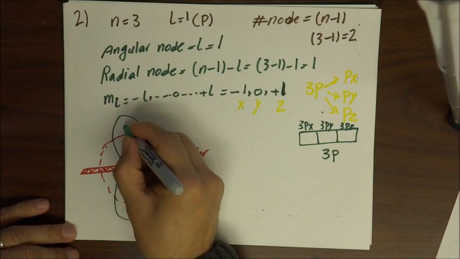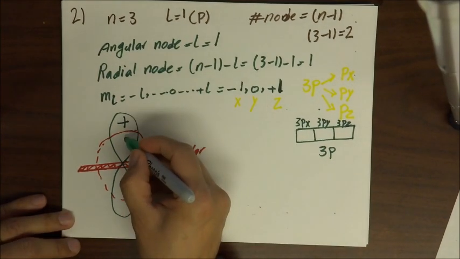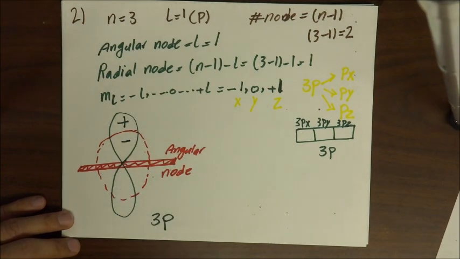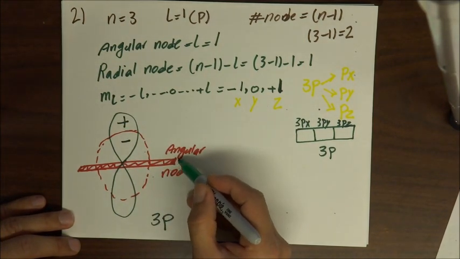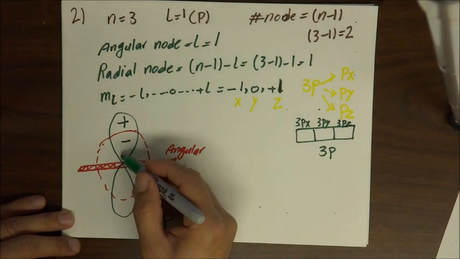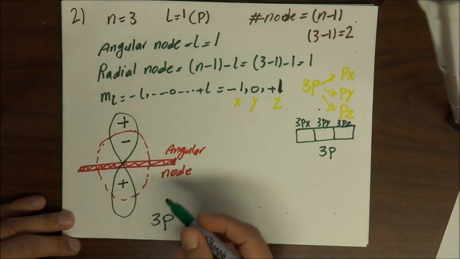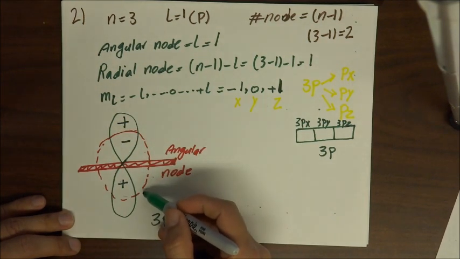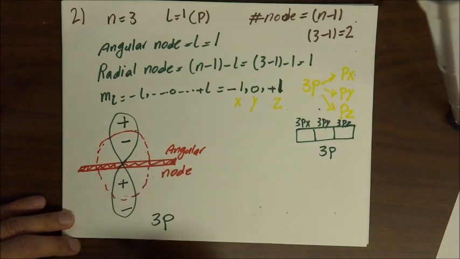Start with one sign, positive. You reach the first radial node, negative, and then you reach the first angular node, negative turns to positive, and on the other side of the radial node, it will turn the positive to negative.